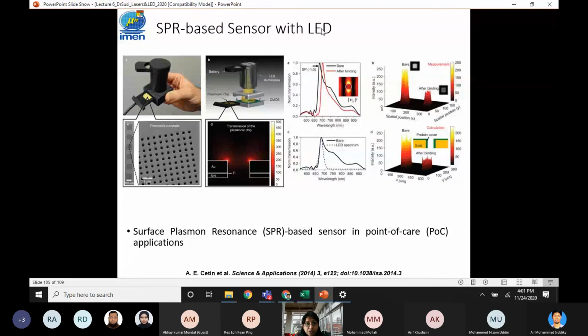This is an SPR-based sensor with an LED. So instead of a laser, you have an LED and you have a plasmonic substrate over here with the presence of a protein, right? The protein binds at the surface of the gold layer. And you can see after binding, the intensity of light reduces. So you know that's the presence of some kind of protein there.